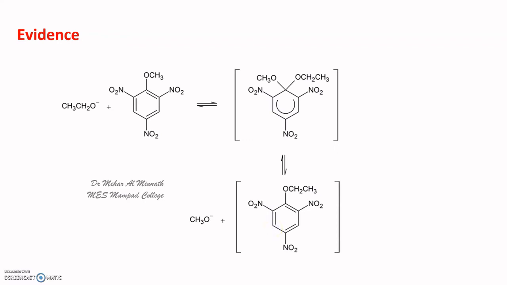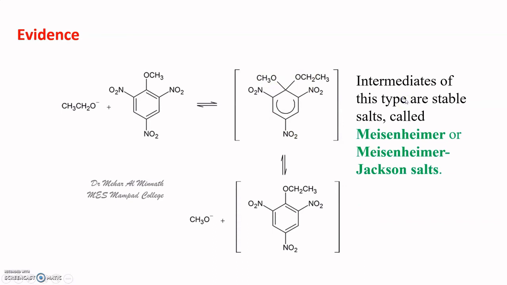Formation of the Meisenheimer salt is the biggest evidence, the solid proof that there is formation of this carbanion. This could be isolated from the picric derivative, and it is called the Meisenheimer salt or Meisenheimer-Jackson salt.